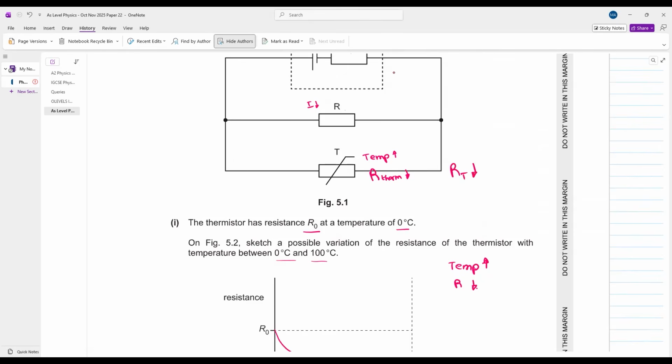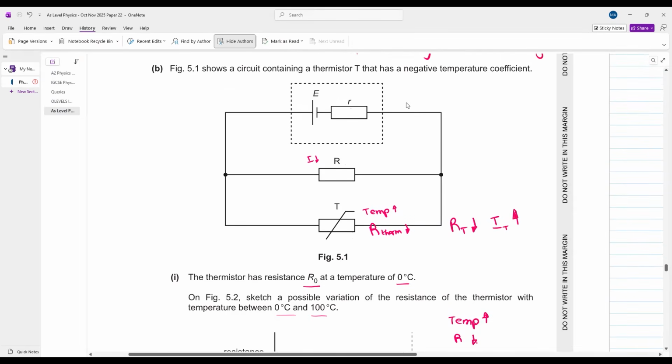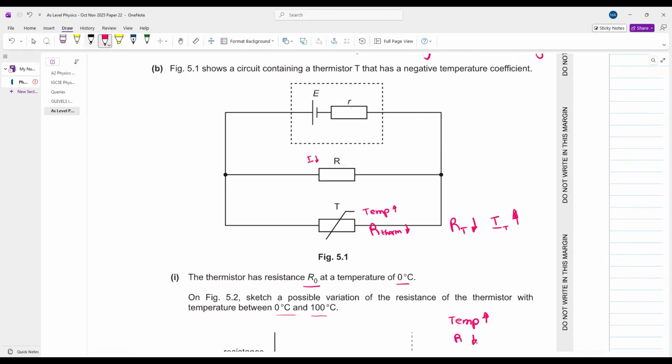रेजिस्टेंस ड्रॉप्स। If the total resistance of the circuit drops, the total current in the circuit rises, है ना? अगर total current in the circuit rise करेगा, what will happen? The voltage consumed by the internal resistor will increase। बेटा अगर आपकी total current in the circuit will rise, what will happen?